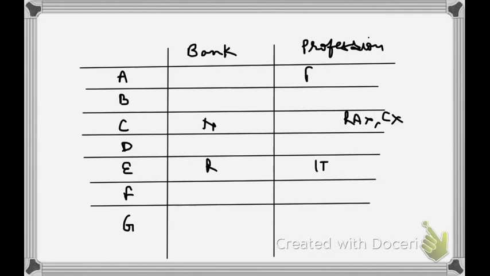Now it is given that A is a forex officer, but doesn't work for bank L or Q, so I arrange it like this.